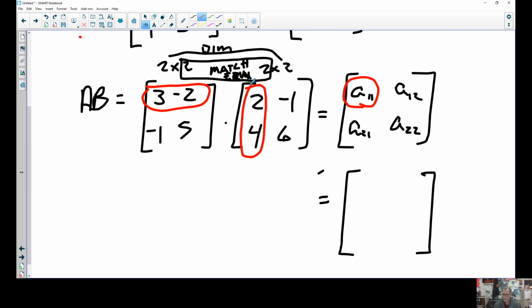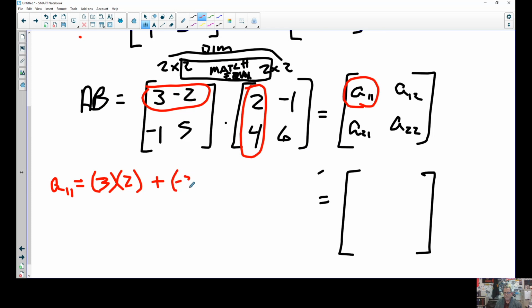So when we do this, I'm going to be doing the first element in this row times the first element in this column. So A11 is going to be equal to 3 times 2, and then we're going to add the second element times the second element.